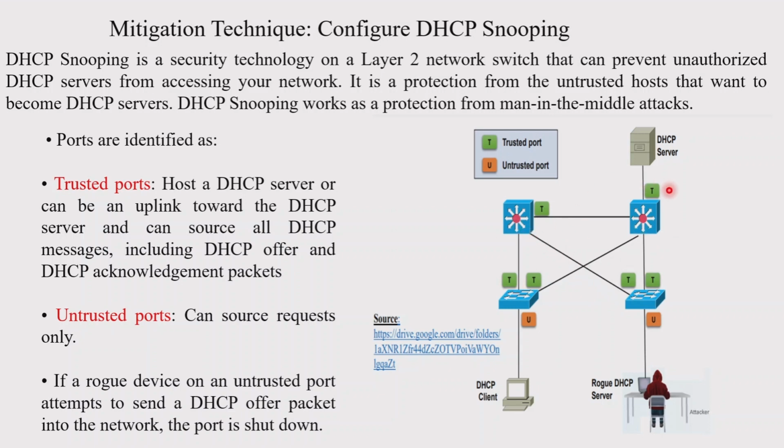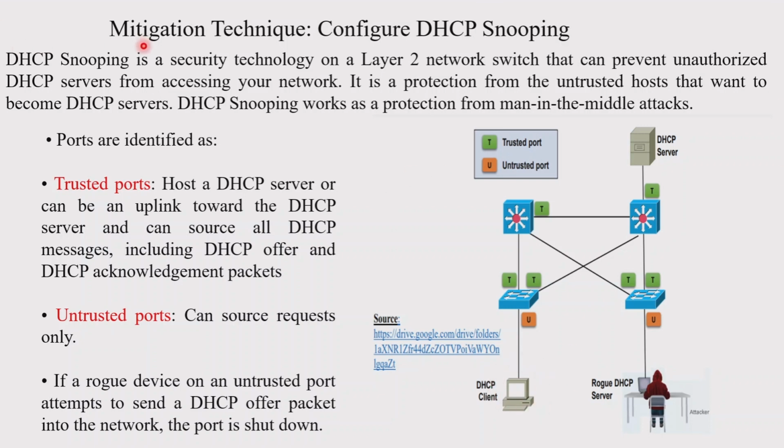If you make the interface trusted, then the automatic IP address is allowed to reach the DHCP client. If you make this other port untrusted, then even if the attacker tries to give a fake DHCP IP address, because this is not the trusted port we configured, the IP address will not be accepted by the DHCP client, right?